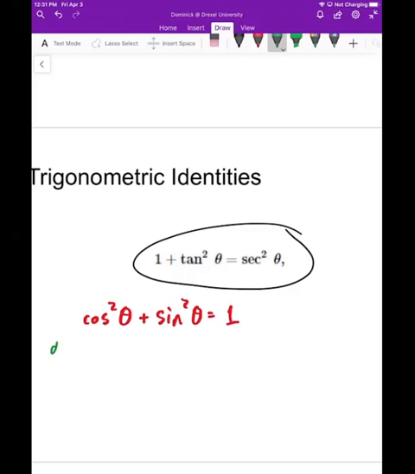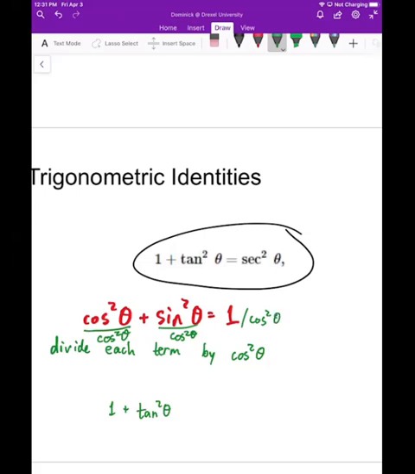If you divide each term by cosine squared, cosine squared divided by cosine squared becomes 1. Sine squared divided by cosine squared: we know that sine over cosine is tangent, and the squares make this tangent squared. And 1 divided by cosine squared, we know that secant is 1 over cosine, and the square makes this secant squared.